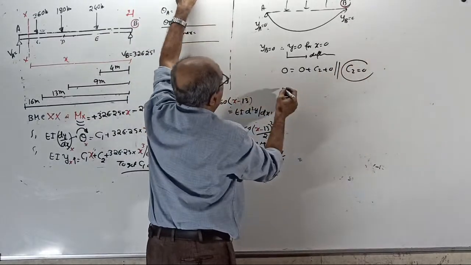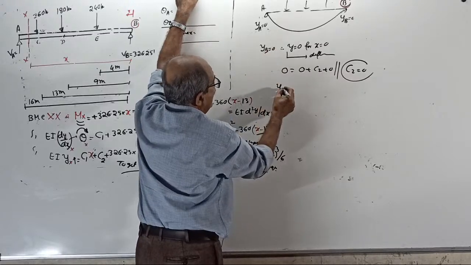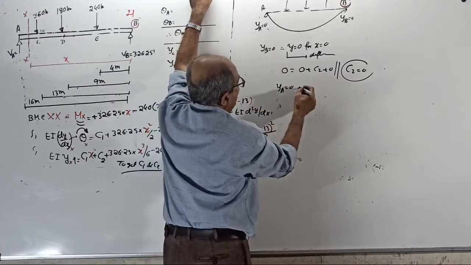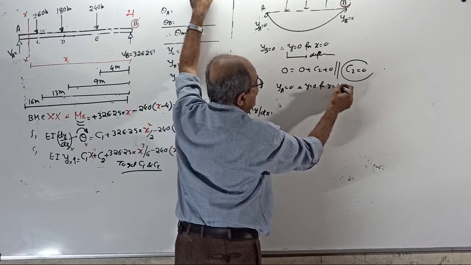Next, y at A equals 0. That is, y becomes 0 for X equal to 16 meter.